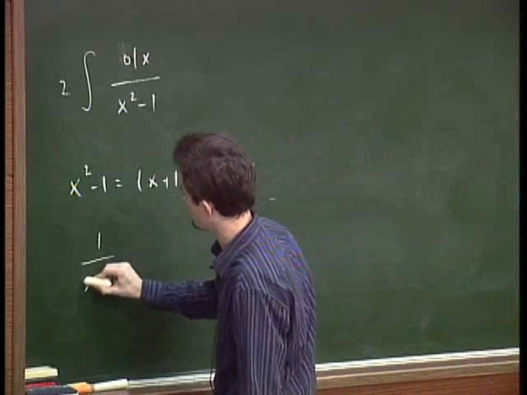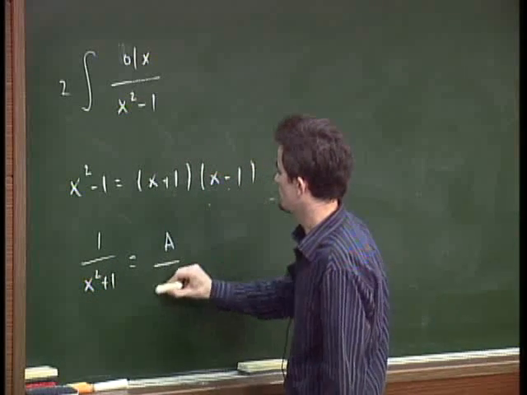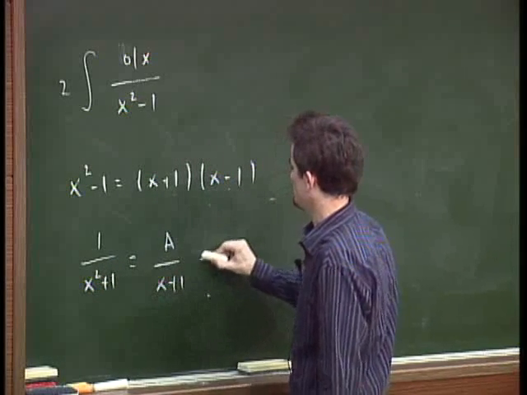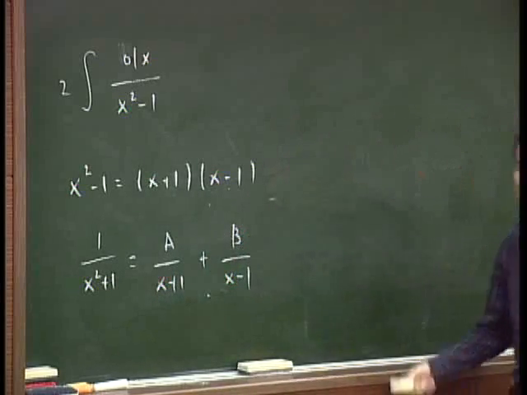So you can set up our problem as a over x plus 1 plus b over x minus 1. And you go on like this, okay?